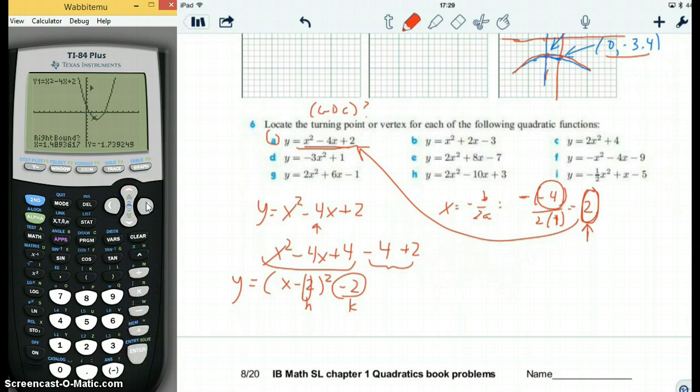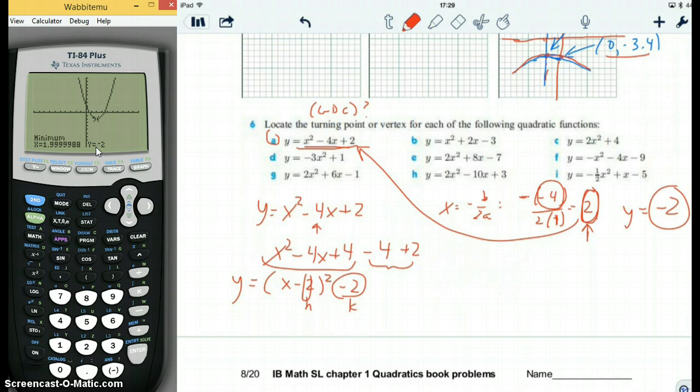So I mark the left, and then I go to the right, and I mark the right, and then I hit enter, and it gives me that the minimum is 2 comma negative 2. Okay, and so that agrees with if we put the 2 inside here, like I said, we get 4 minus 8 plus 2, that would be y equals negative 2, right?